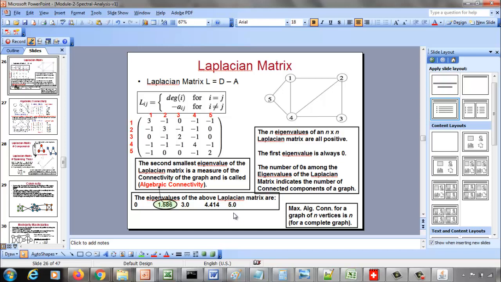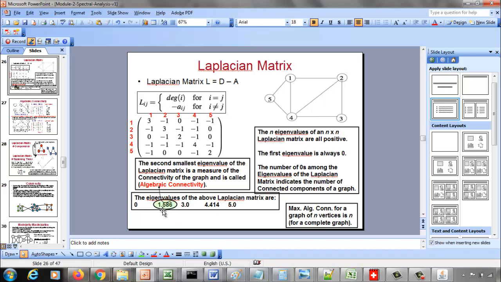Now another thing that you can say is, the most important thing that we really want to talk about, the smallest positive non-zero eigenvalue, is what we are really after. In this case, among the eigenvalues, the smallest non-zero one is 1.586.